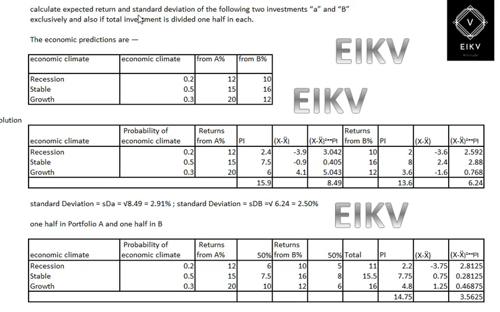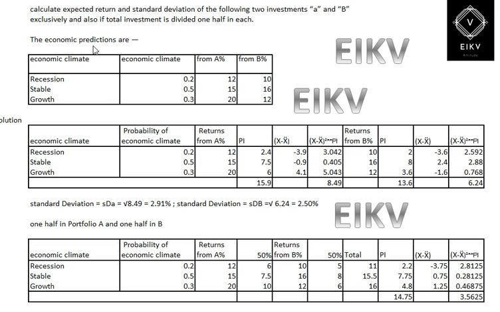So in this illustration, calculate the expected return and standard deviation of the following two investments A and B exclusively, and also if the investment is divided one half in each.